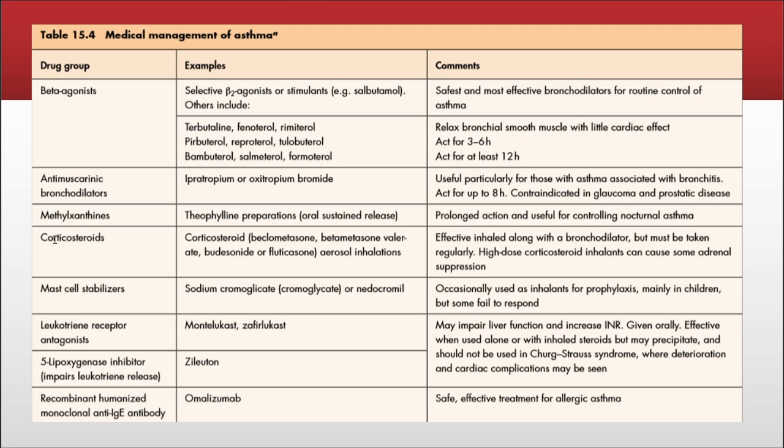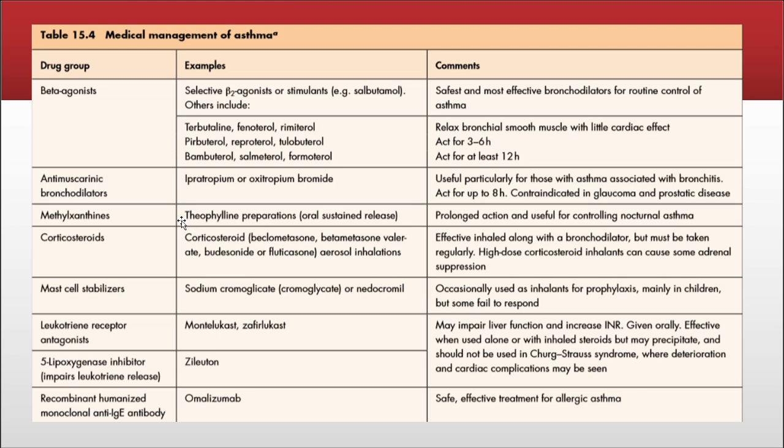So, these are the medications that the patients might take. Now, one of importance is theophylline. Theophylline is a naturally occurring product found in tea and multiple other natural products. It's a bronchodilator.